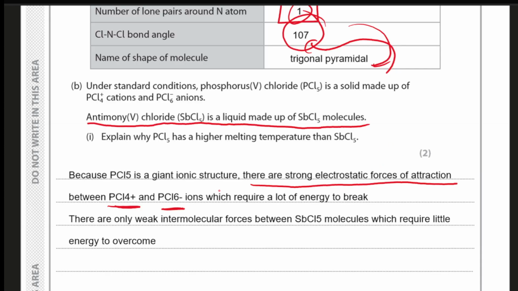Due to the strong force of attraction, a huge amount of heat energy will be required. But SbCl5 is a simple molecular structure, so it only contains weak intermolecular forces between its molecules. If it's weak, little energy would be required to overcome it. So this is the reason why PCl5 has a comparatively much higher melting temperature than SbCl5.